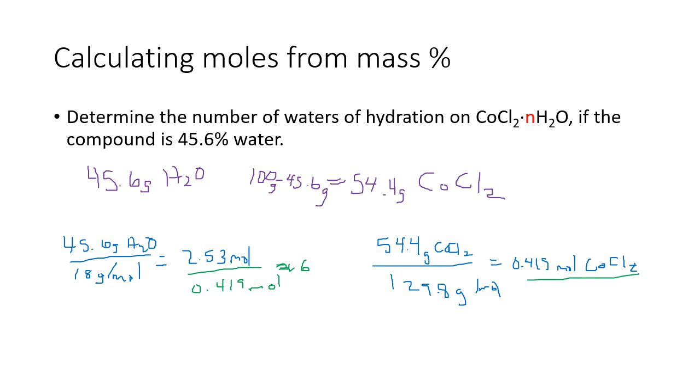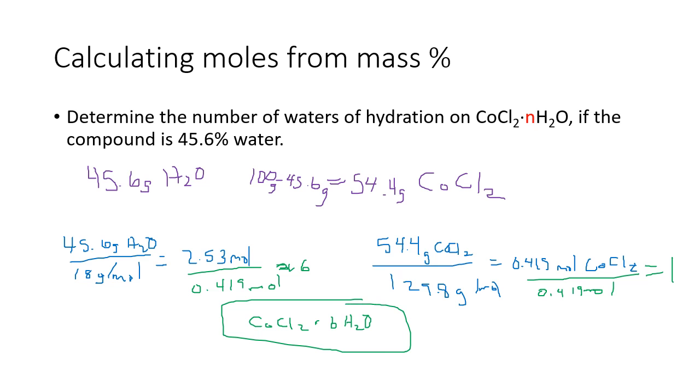And over here, if we divide by 0.419, we get 1. And a number divided by itself is 1. So in the end, we have CoCl2, and there's 1 of them, for every 6 H2O. Not so bad. We can do this thing.